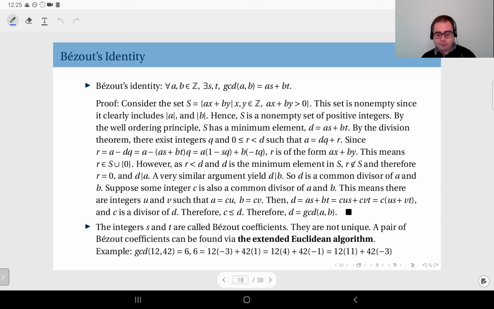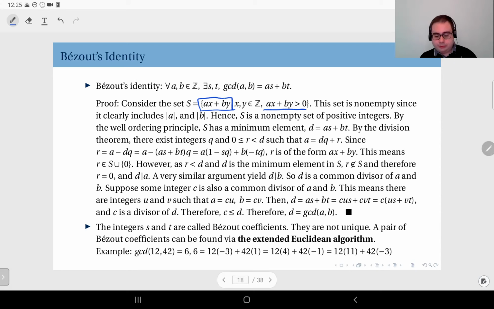How is this possible? Consider this set consisting of the linear combinations of the numbers a and b, so in the form of ax plus by, where x and y are integers, not necessarily positive, but the combination itself, ax plus by, is chosen to be positive, because this is the set definition.